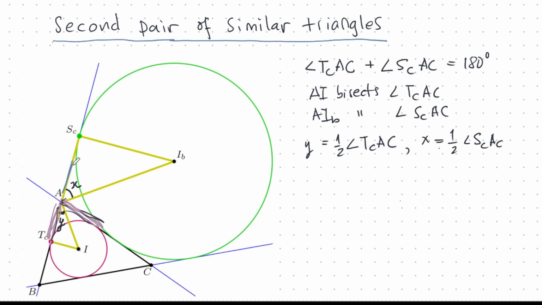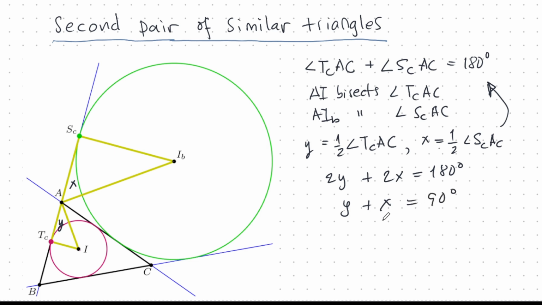Let's see if I can color it. This angle here, X is 1/2 of that. All right, that's getting messy. Let's restart X and Y. Great, so let's plug these things in. We have 2y plus 2x is 180 degrees. So we've taken this and plugged it into there. And y plus x is 90. So these angles are complementary.